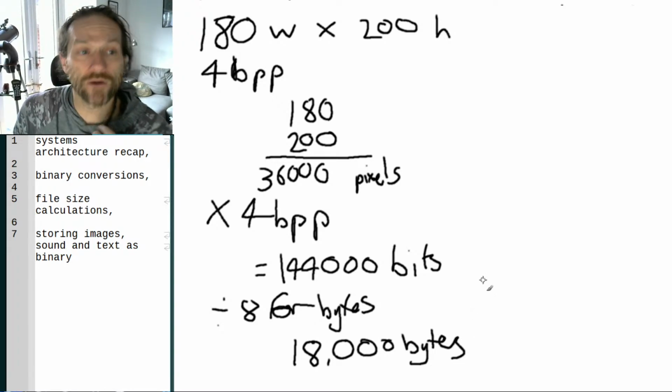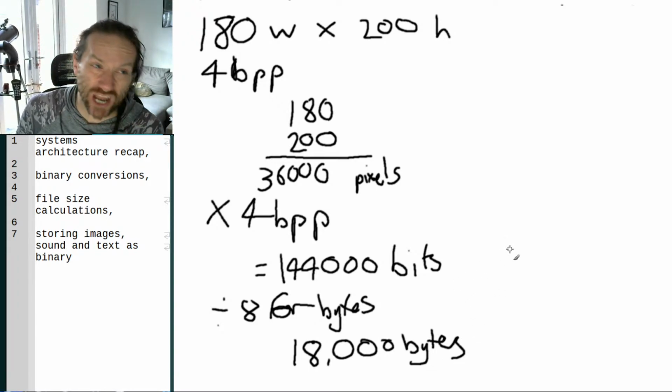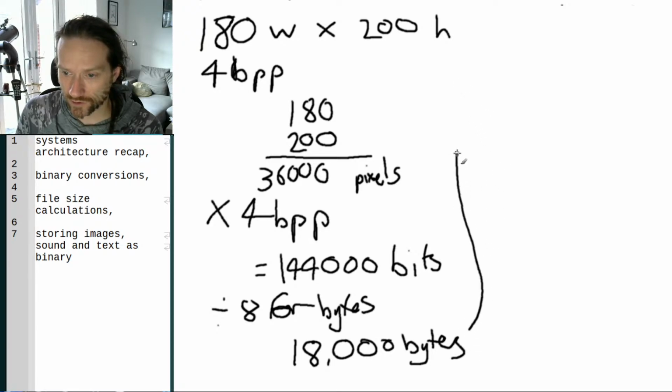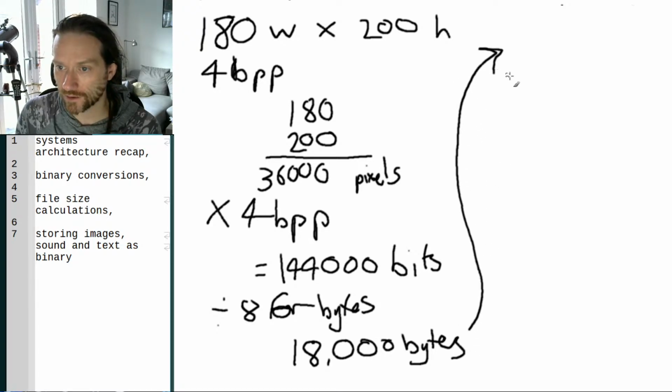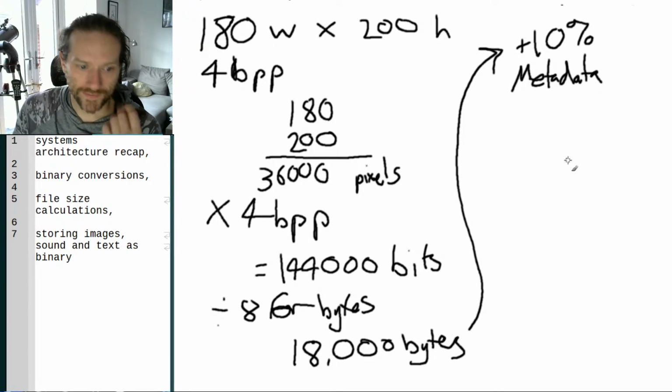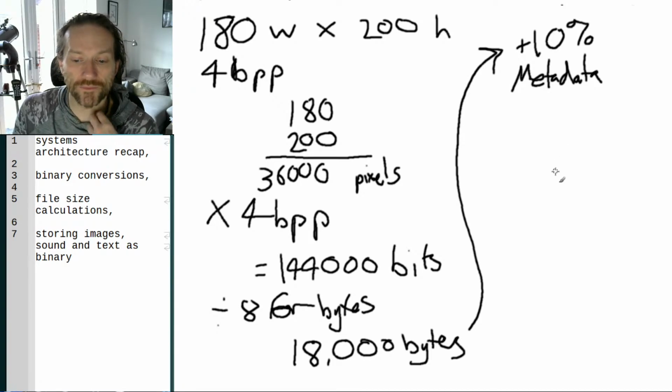So yeah, we need to add on the metadata. As a general rule, we say the metadata is 10%, right? So I'm just going to draw a little arrow up here. So we're adding on 10% for metadata. Okay. So 10% of 18,000 is 1,800.